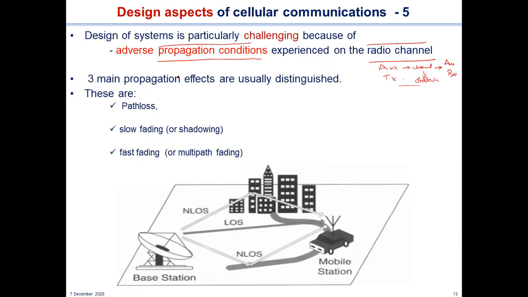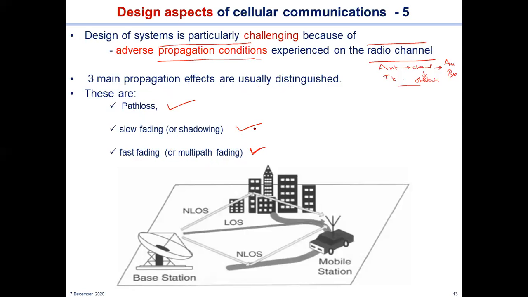The main propagation effects are usually distinguished, and they are path loss, slow fading or shadow fading, and fast fading. I can categorize the main propagation effects into three types: path loss, slow fading, and fast fading.